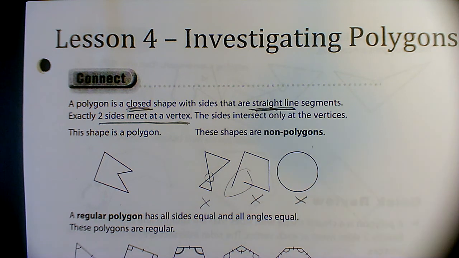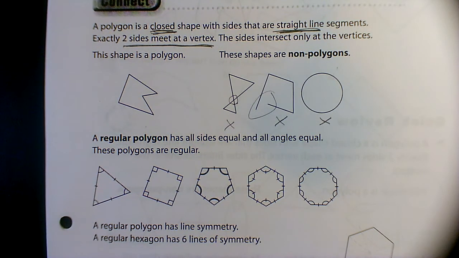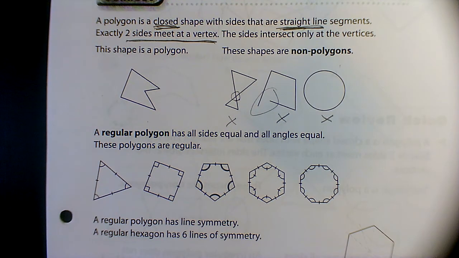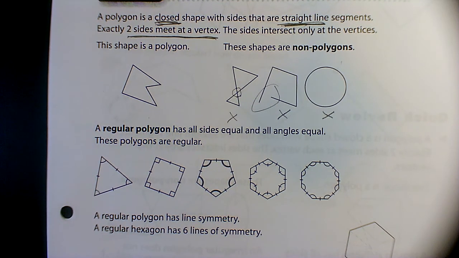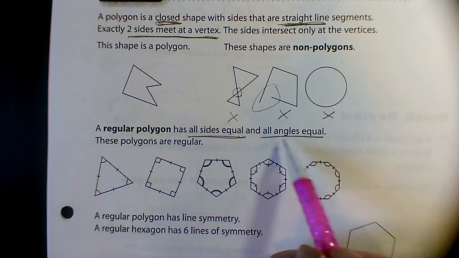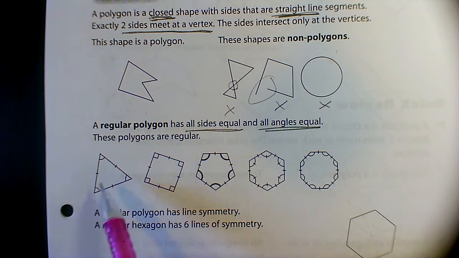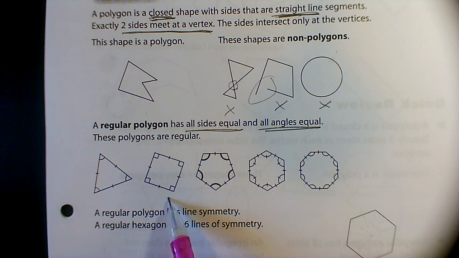Now, the most famous polygons are the regular polygons. In order for them to be regular, all the sides have to be equal and all the angles have to be equal. So our equilateral triangle, our square, but not our rectangle, because our rectangle has only two lengths that are the same.